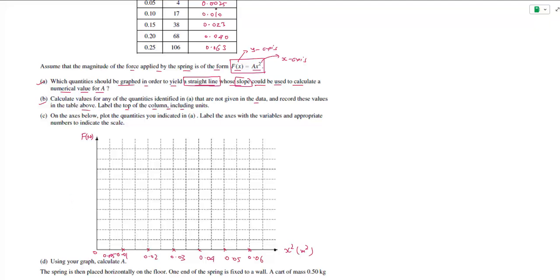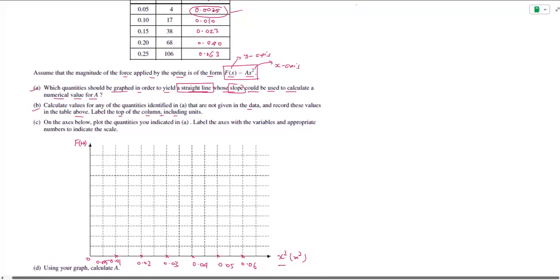Initially, our initial value is for x equal to 0.05, but this plot is for x square, so we will look at this column, that is 0.0025.